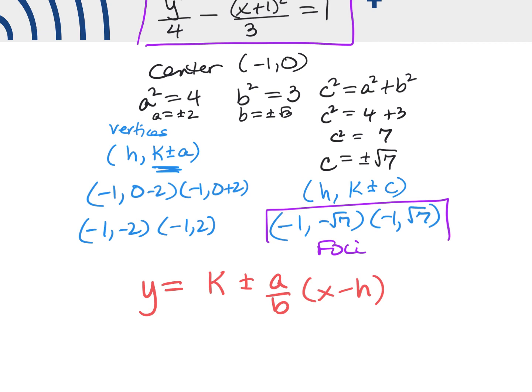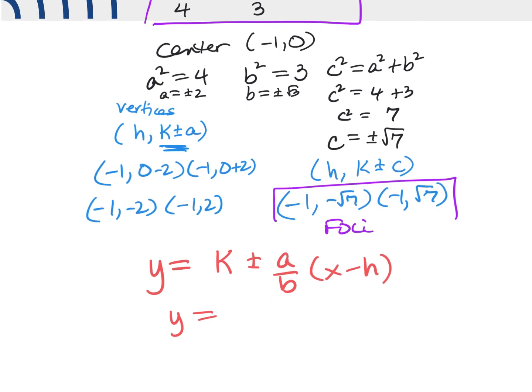So again, I can plug in my information. My k was 0, so really all I'm doing is a over b. My a is 2, my b is the square root of 3, plus or minus, and then x plus 1, because my h value was -1. Those are my asymptotes.